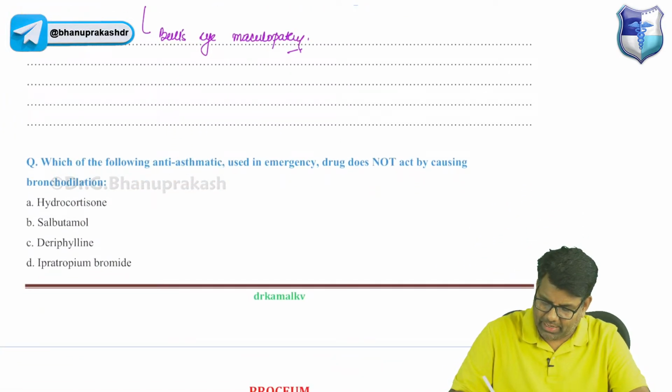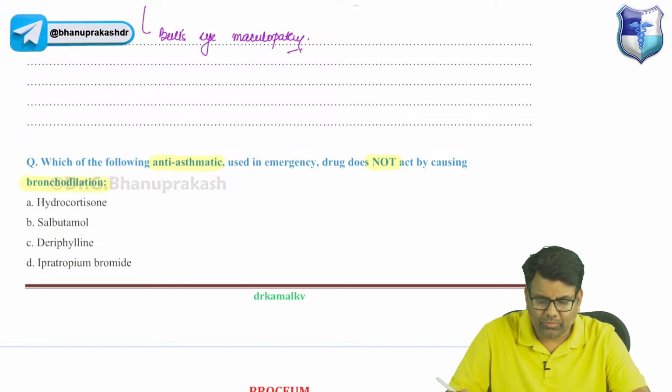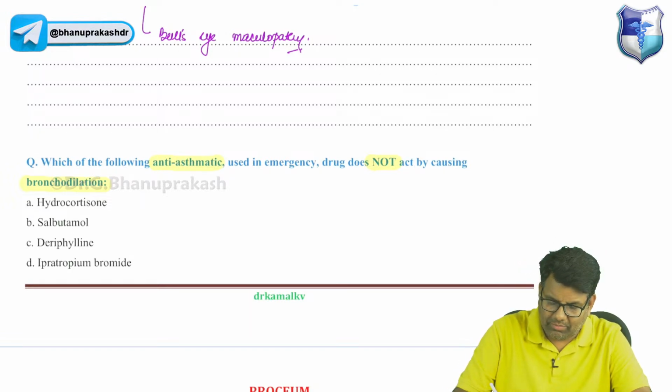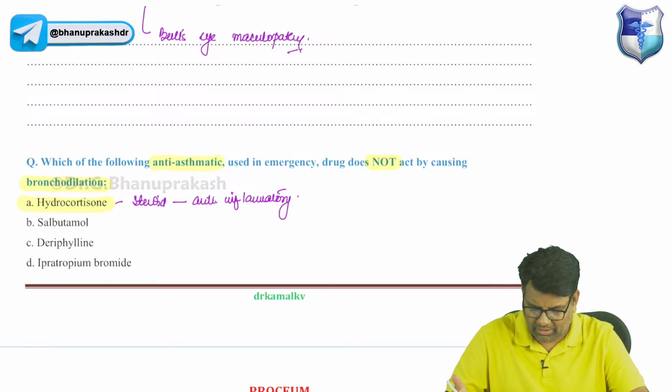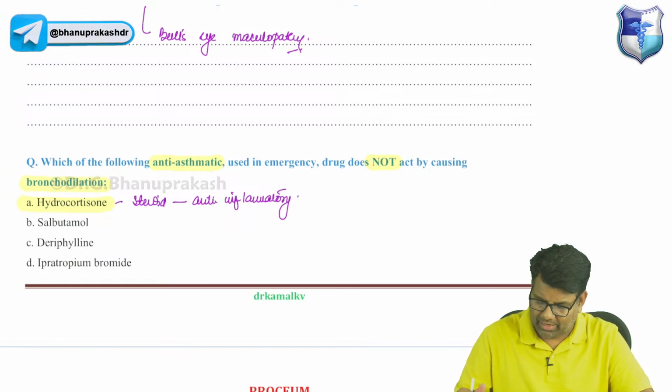Now, which of the following anti-asthmatic drugs does not cause bronchodilation? Which of the following anti-asthmatics does not cause bronchodilation? And what is the answer? Yes, hydrocortisone, because this is a steroid and these are anti-inflammatory, has nothing to do with bronchodilation.